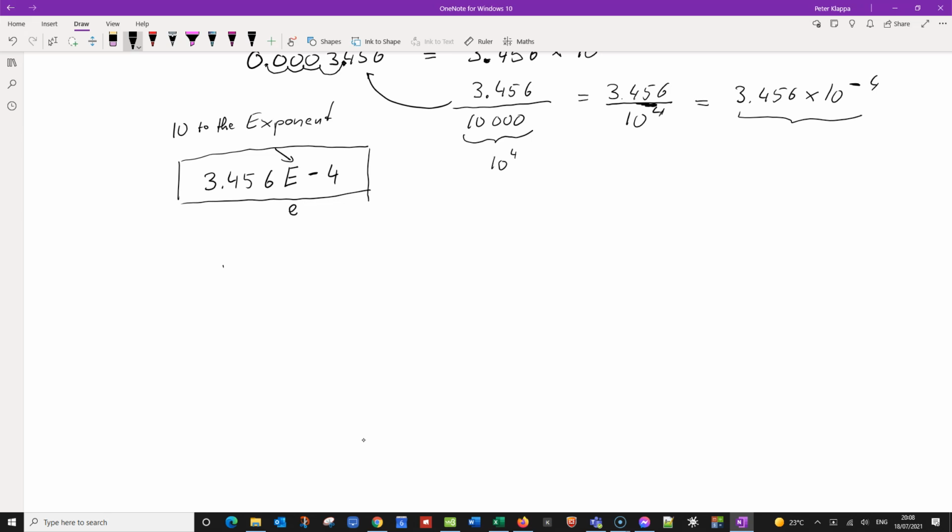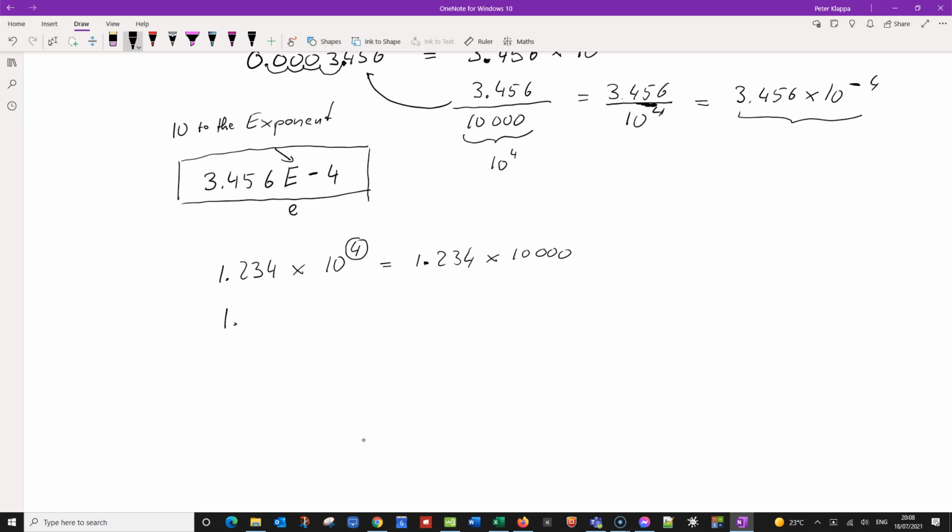So if we've got 1.234 times 10 to the power of, let's say, 4, we can convert that. We can just simply say this is 1.234 times 10,000. And what we do here is we know that we have moved the decimal point 4 places.